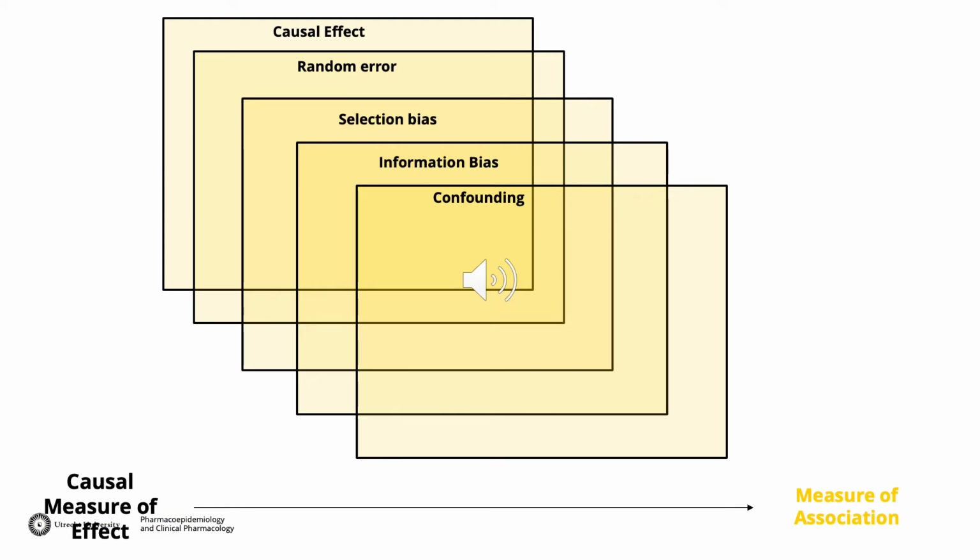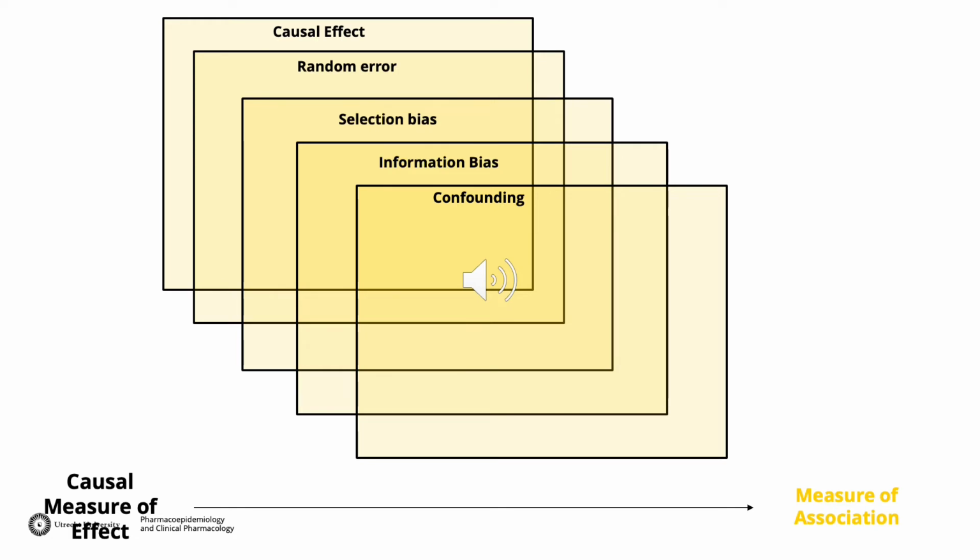So this just gives us a sense of what we're actually trying to calculate whenever we're conducting a study, and how bias and error in the study can interfere with the good conduct of a study. Anytime we're conducting a drug safety study or a study of drug efficacy or safety, the goal of the study is to determine the causal measure of effect.